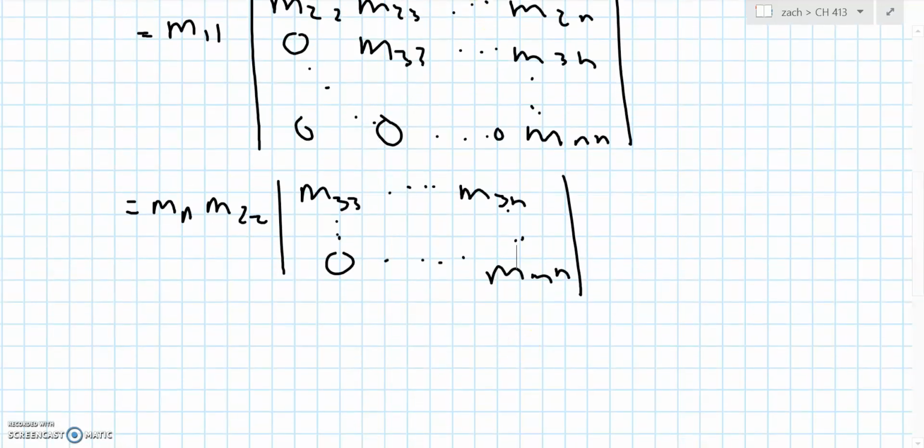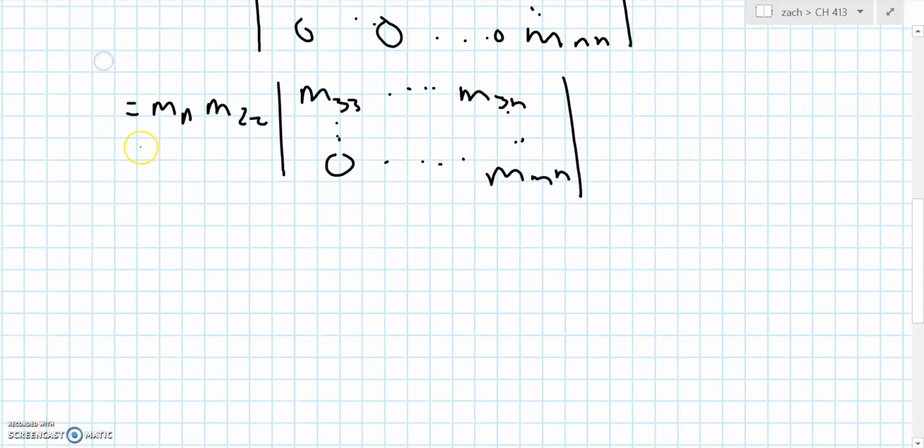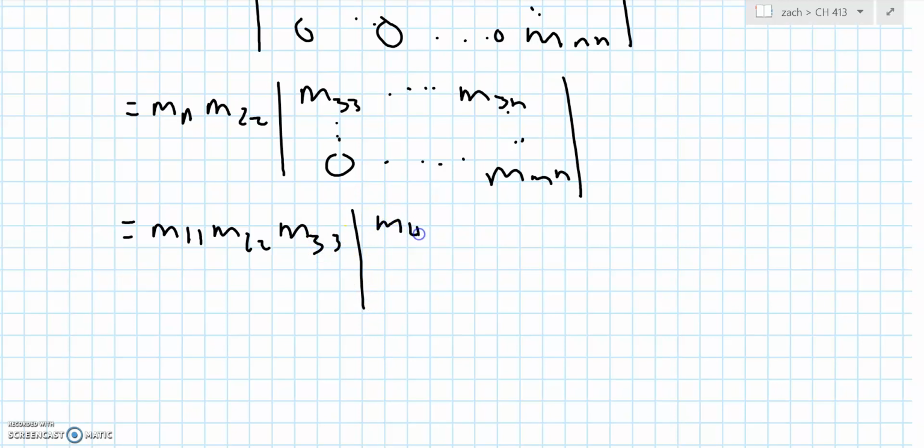So if we do this one more time, we can see that this pattern is just going to repeat. So we get M11, M22, M33, and this is going to be, of course, M44 all the way over to M4n, down to MNN, and again, these are zeros.